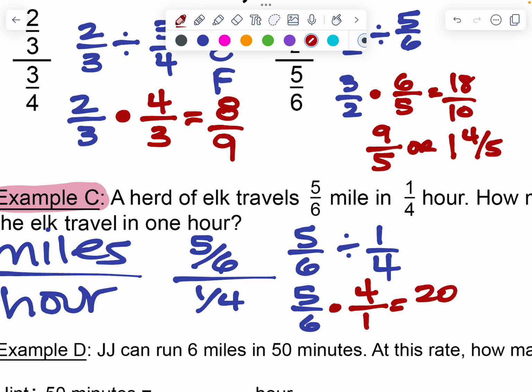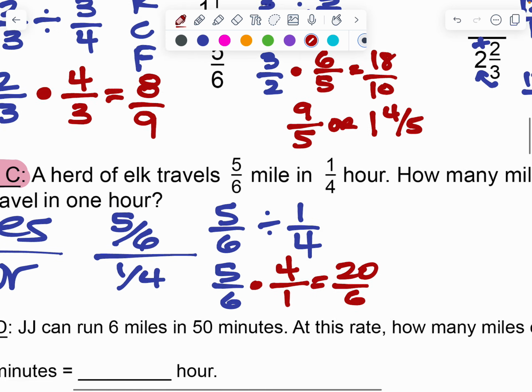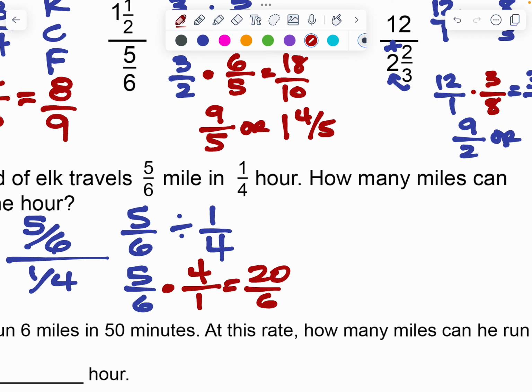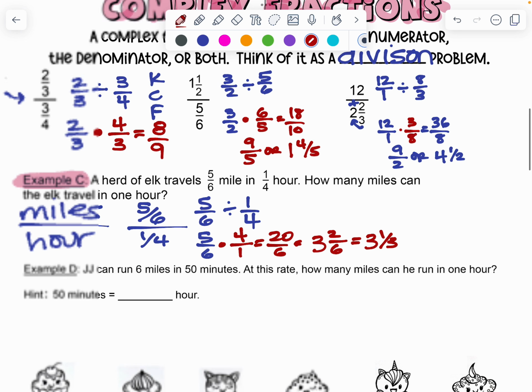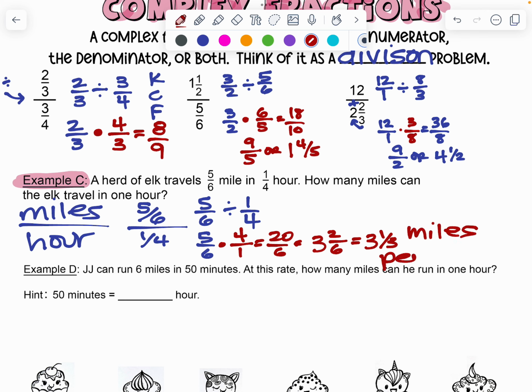You should get 20/6, also known as 3 2/6, which is 3 1/3. And I better label it because this is a word problem. 3 1/3 miles per hour. Well done.